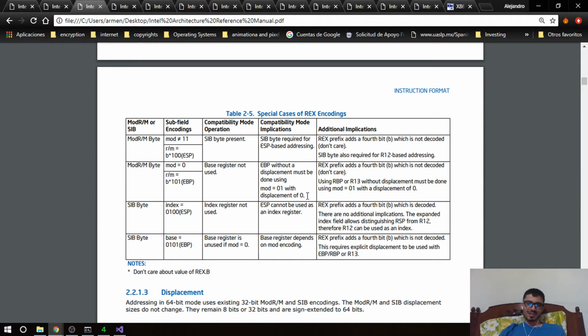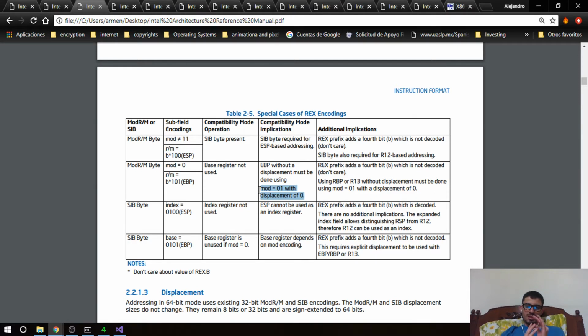And this is the thing that we found out with the assembler. We want to get to EBP. Well, we need to have a displacement of 0 and the mod of 1 to get the access in. We cannot access it with mod equals 0. Base register not used. EBP without displacement must be done using mod equals 01 with displacement of 0. That's something we found.